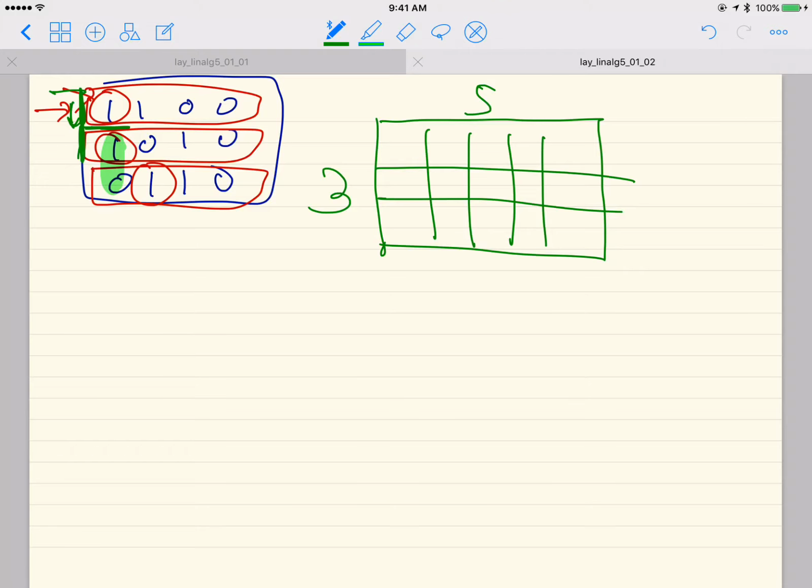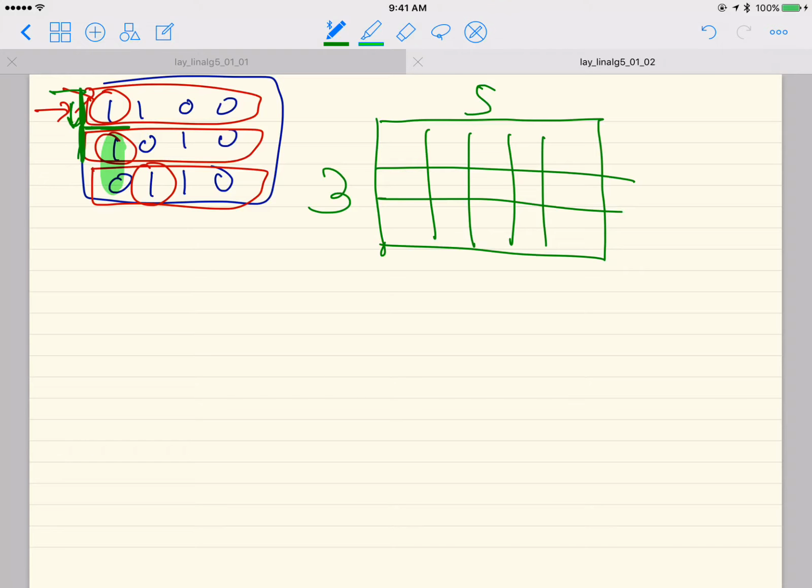Okay, so let's imagine the original case. What was the original case? We have 3 equations, and what about the number of variables? 4, right? The last column corresponds to b, and the first 4 correspond to the 4 variables x1, x2, x3, and x4. In general, what does our intuition say?